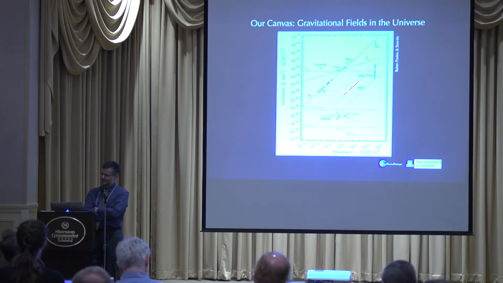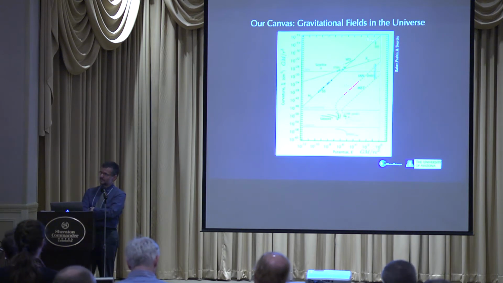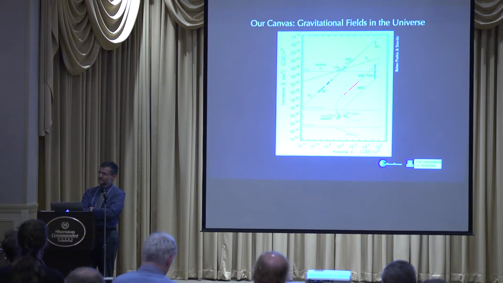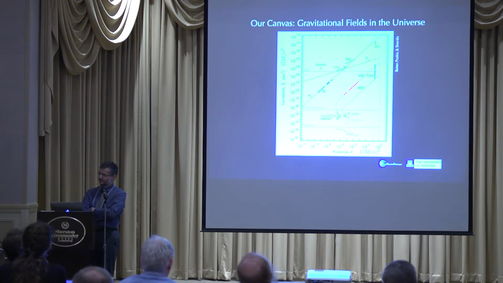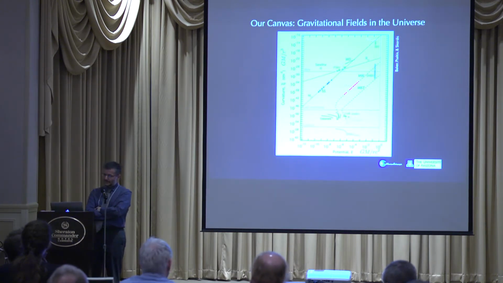I would have said, GR has got some particular simple scaling, and maybe there are higher powers of GM over RC squared that come into the theory, or some F of R and all of these things, that there must be a whole family of non-GR models which are just fiddling with this horizontal axis, the dimensionless number, rather than some dimensionful number which you've got on the vertical axis. So what is your thinking for saying that this is unlikely?